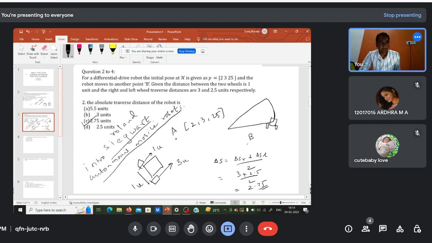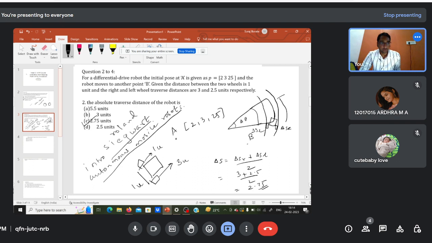So delta SR plus delta SL. Without going into too many details, I will try to give some intuition. Let's say this is the delta theta angle the robot is traveling, and this is the delta SL and delta SR distance that the two wheels are covering.